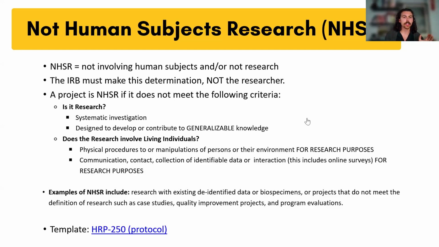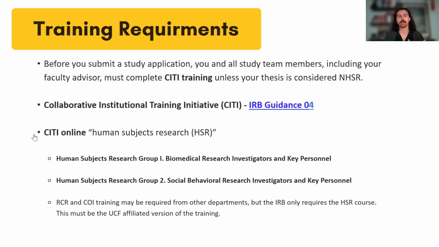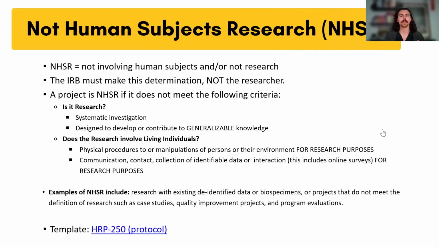Now, if your research or your project doesn't meet either of these definitions here, it's probably considered not human subjects research. And I have some examples of what might be included. Sorry, I didn't mean to go forward there. I have some examples of what might be included in not human subjects research.